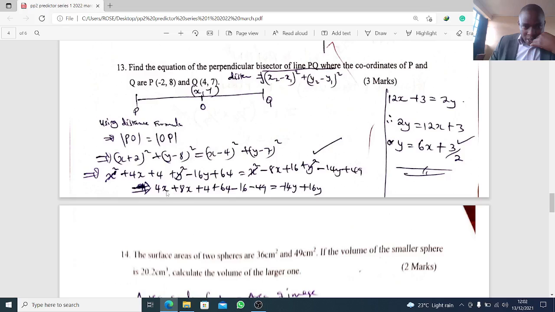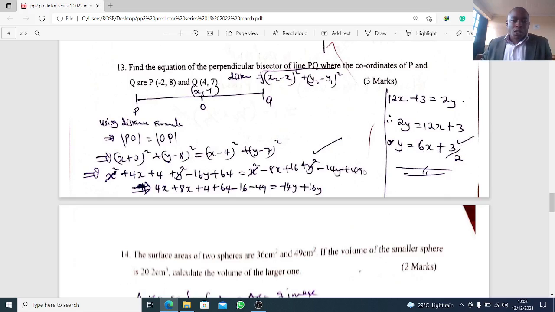This gives you 12x, and if you add all the numbers, you get plus 3. Negative 14y plus 16y gives you 2y. So 2y equals 12x plus 3. Then we divide by 2 over 2. We can say y equals 6x plus 3 over 2. This is correct, and this one is also correct.